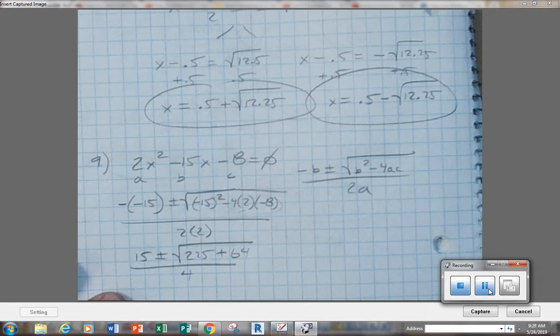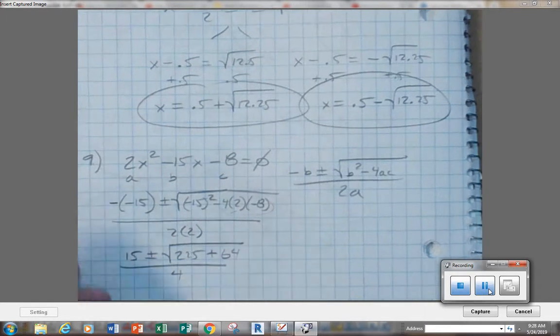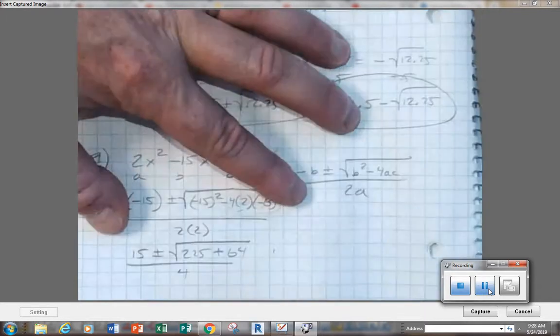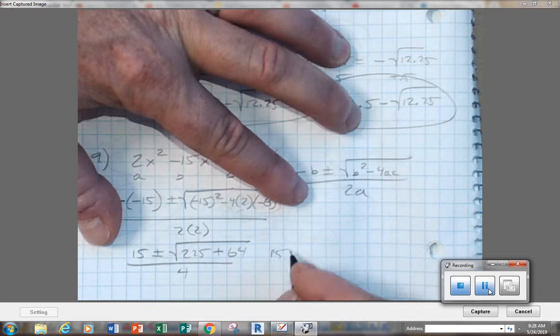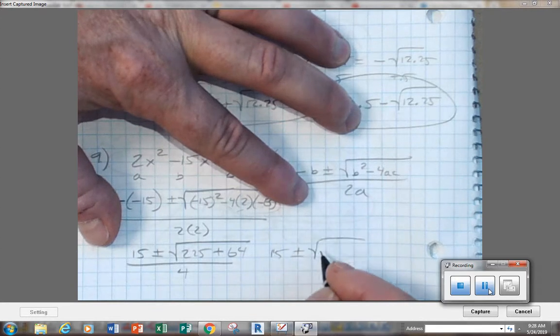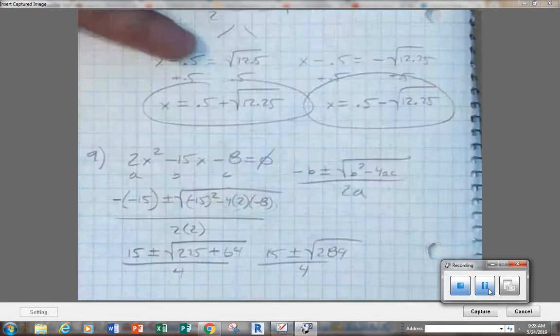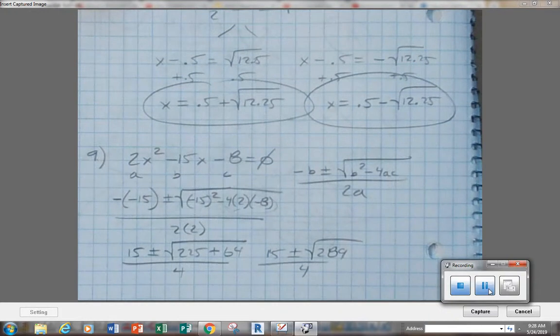225 plus 64 is 289, which I think is a perfect square number. The square root of 289, I think, is 17.